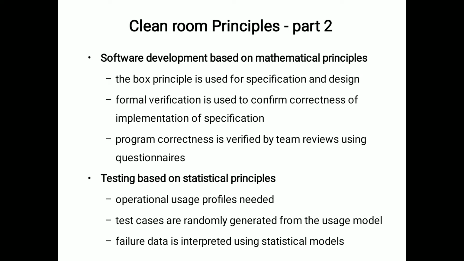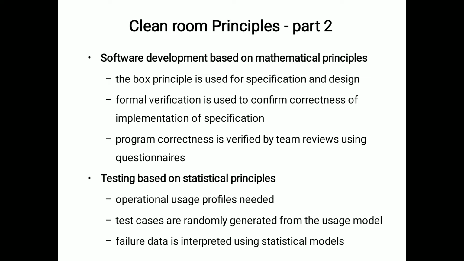Now, cleanroom principle two: software development based upon mathematical principles. The box principle is used for specification and design. Formal verification is used to confirm correctness of implementation of the specification. And program correctness is verified by team reviews using questionnaires.